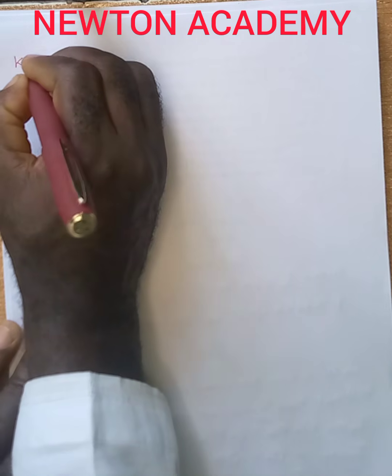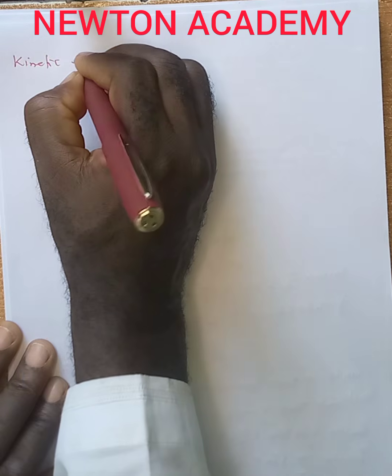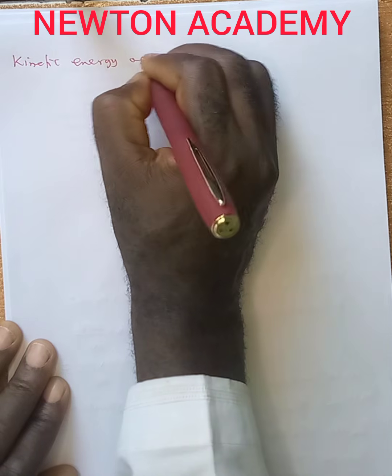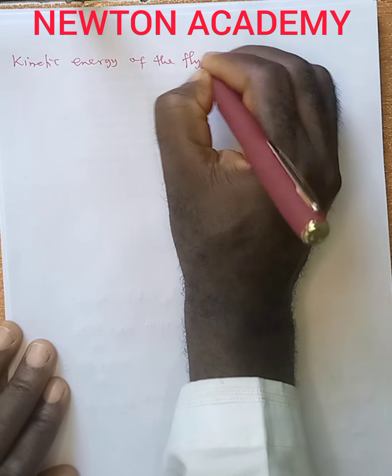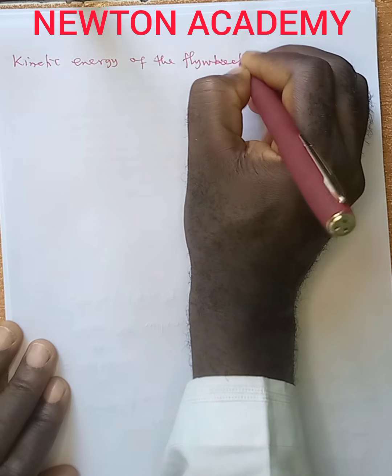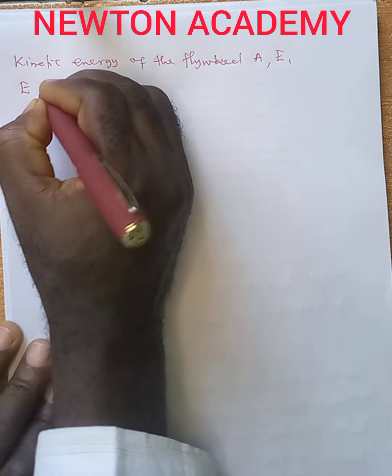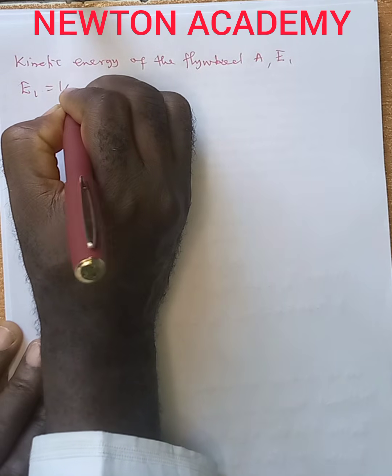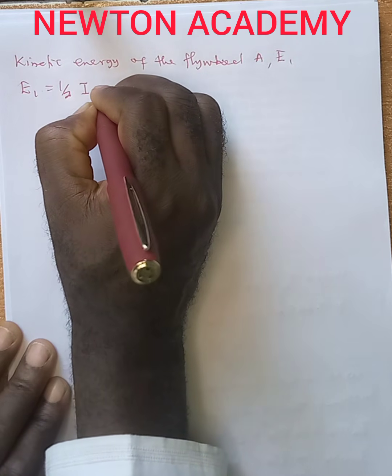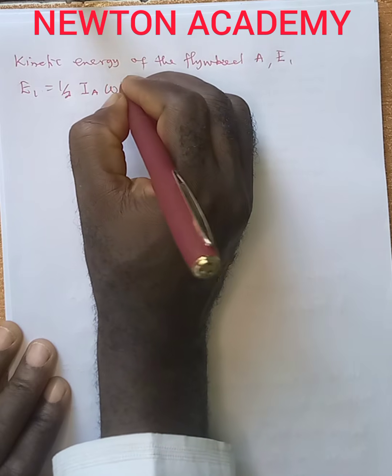Let us look at the initial kinetic energy of the flywheel A. Because flywheel B is at rest, it possesses no kinetic energy. So the kinetic energy of the flywheel A, let's call it E1, is going to be a half IA omega A square.